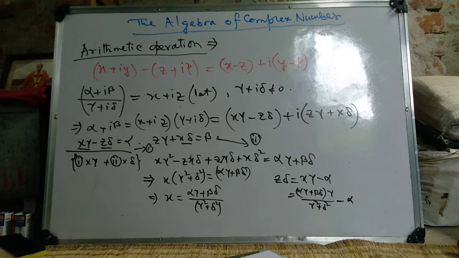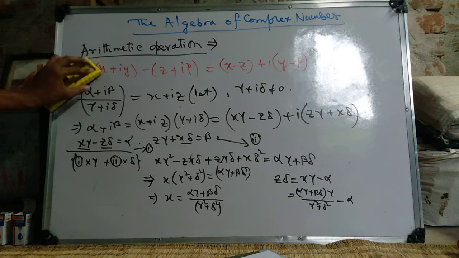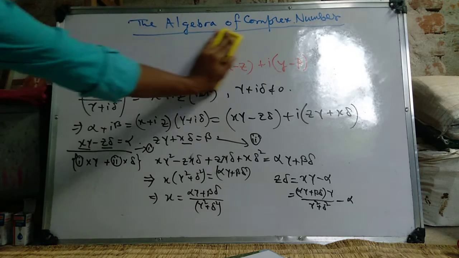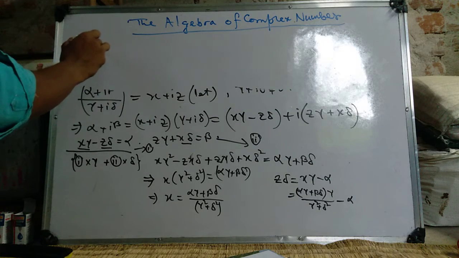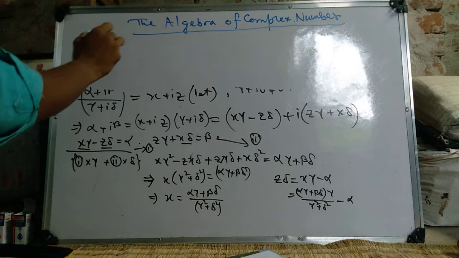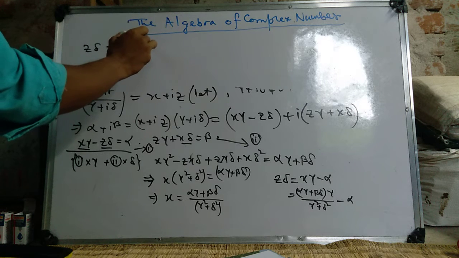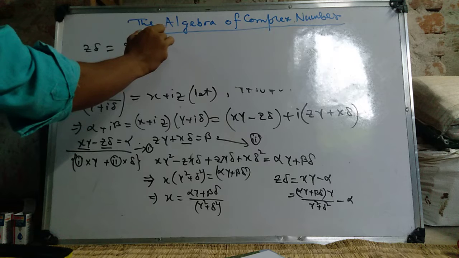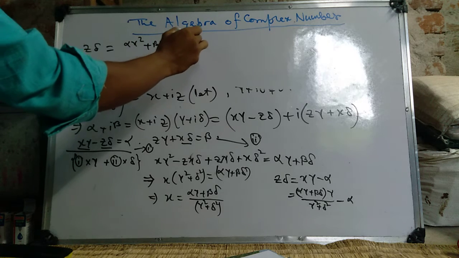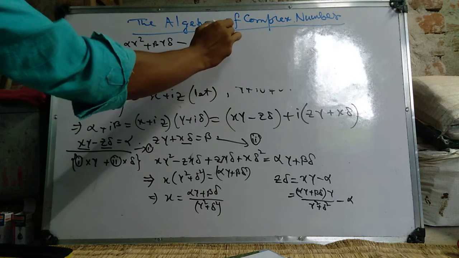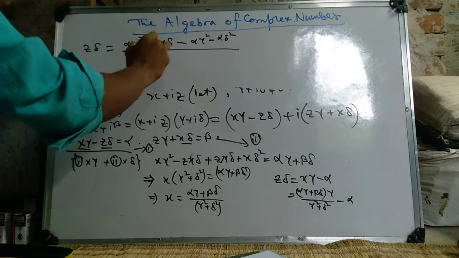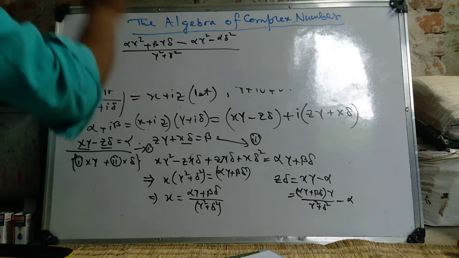Then what do we find? We simply write the above portion, and we erase this above portion here. Then what we get is z delta equal to alpha gamma square plus beta gamma delta minus alpha gamma square minus alpha delta square, by gamma square delta square.